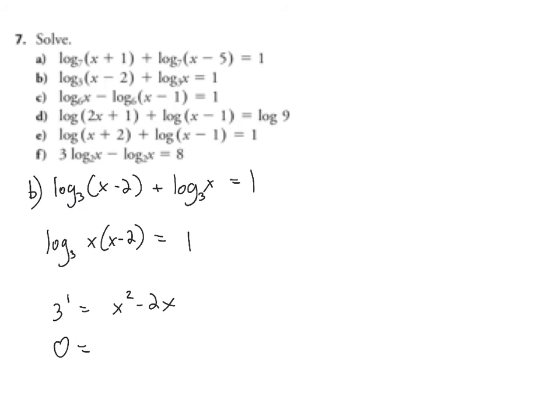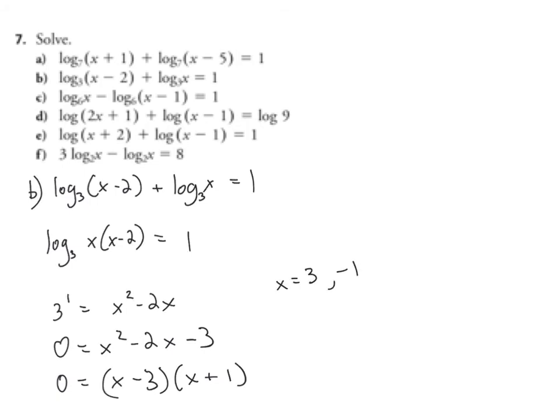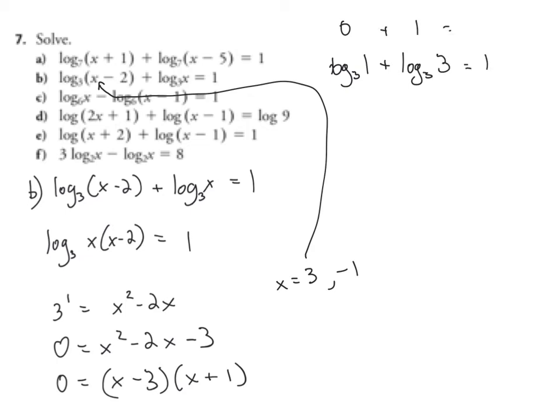So 0 equals x squared minus 2x minus 3, which means x minus 3, x plus 1 equals 0, which means x equals 3 or negative 1. I have a feeling one of these is going to be inadmissible. This 3 should be fine. You got log base 3 of 3 minus 2 is 1, and that's 0, plus log base 3 of 3, and that's 1, and that equals 1. Yeah, that makes sense.